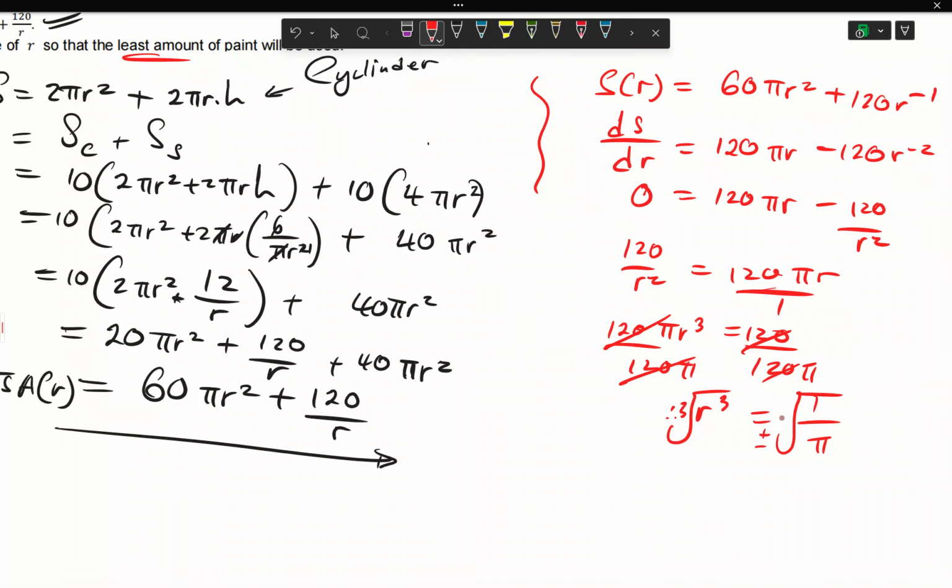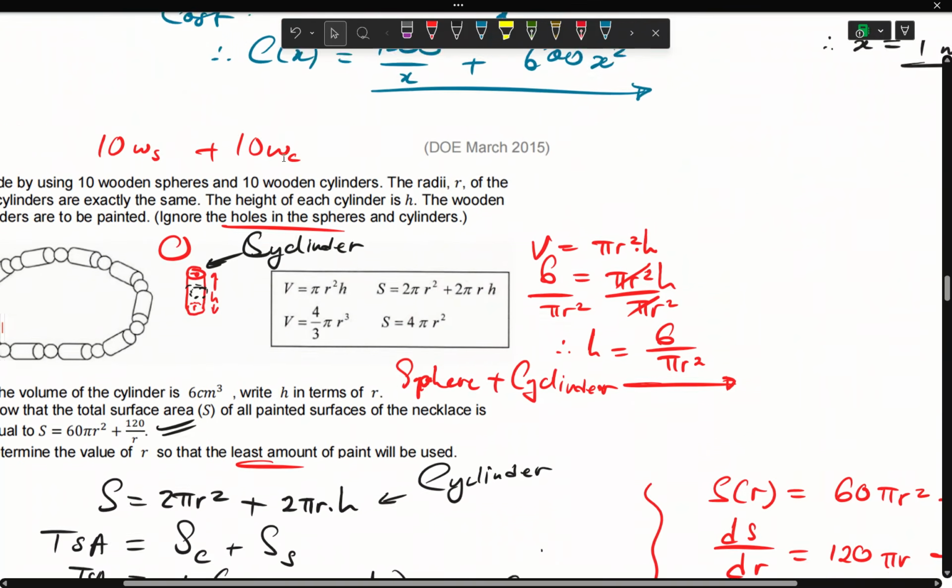Left plus or minus. So therefore, r is what? Let me see, the cube root of 1 over pi. This is 0.68, rounded to two decimal places. Let me check something here.